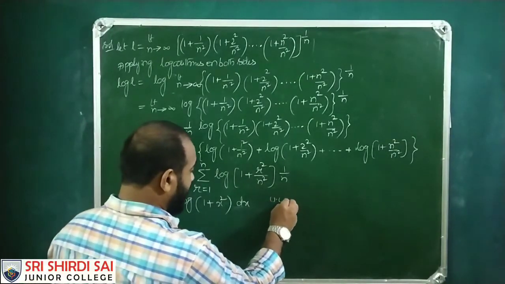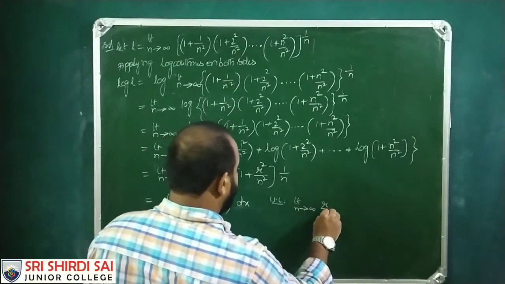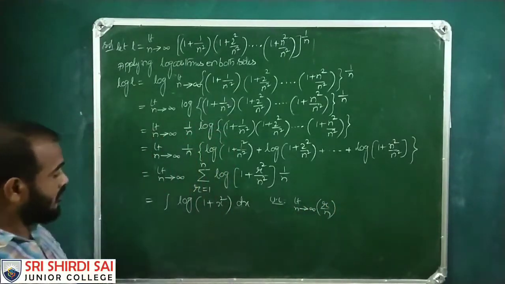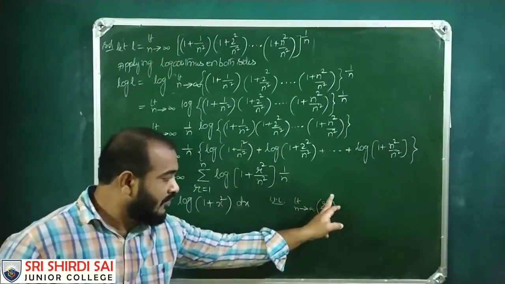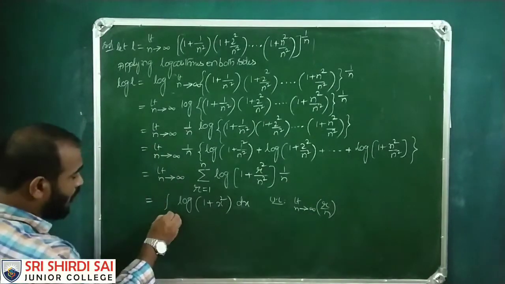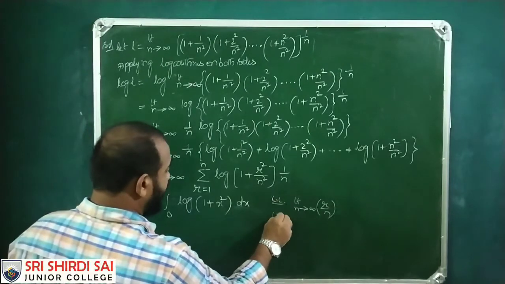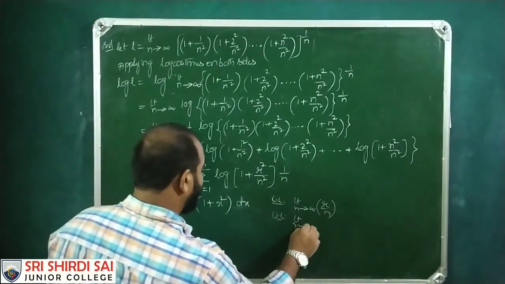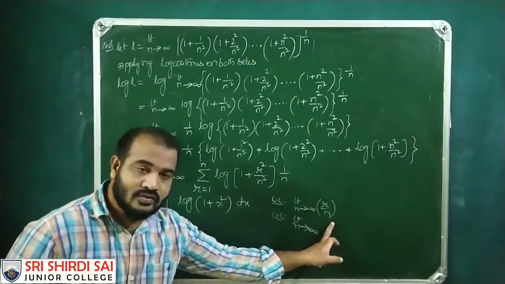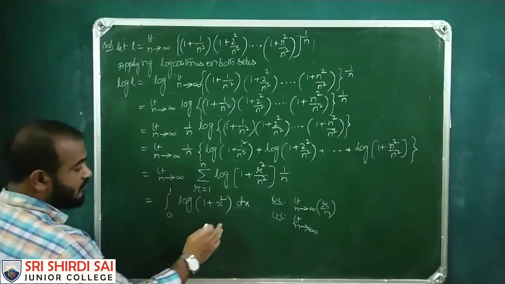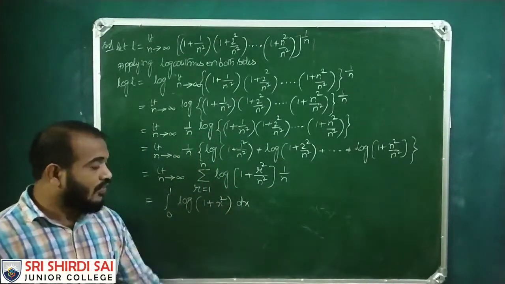For the lower limit, r is 1, so 1/n as n tends to infinity is 0. The upper limit: r is n, so n by n is 1. Now this is the integral from 0 to 1 of log(1 + x²) dx.